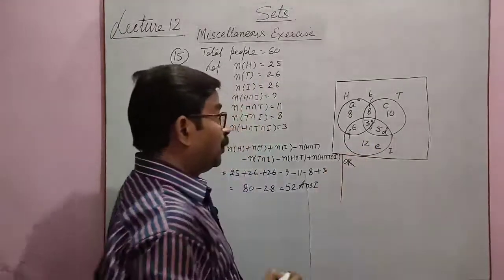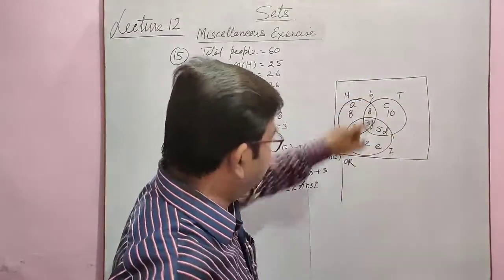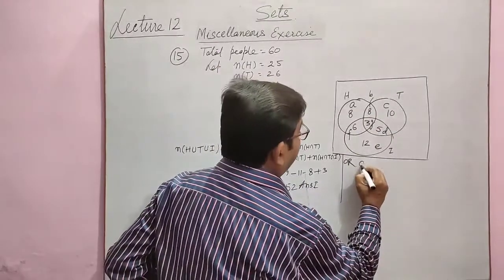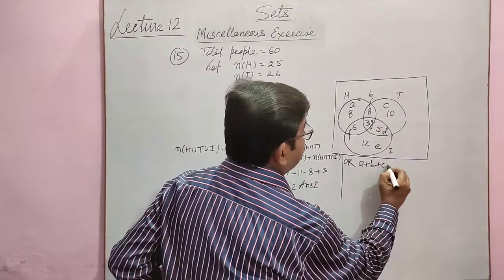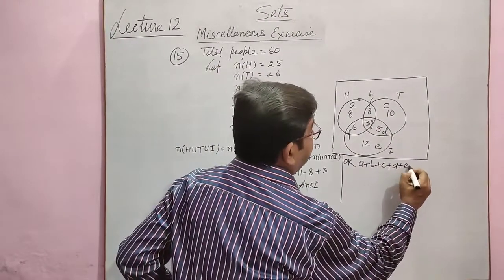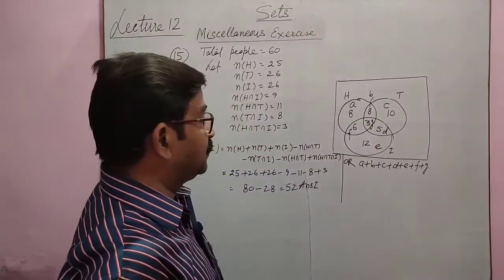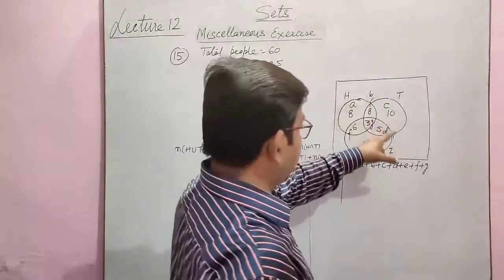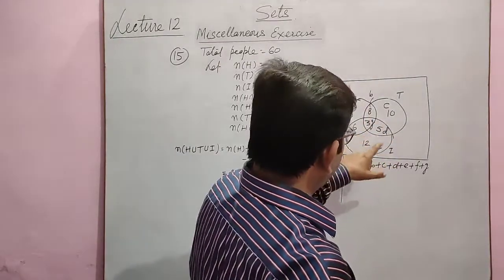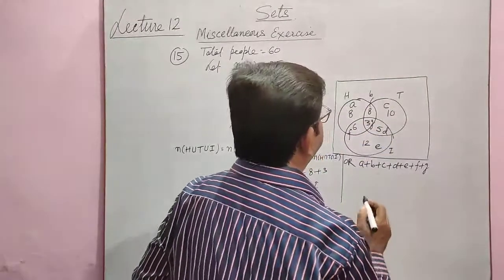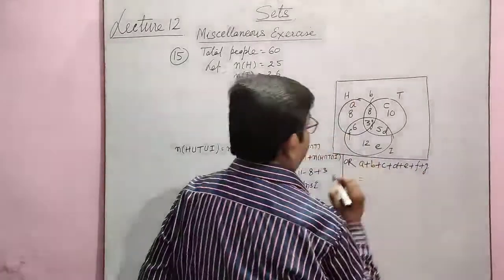Or what is the union? Sum of all these. So you can write simply A plus B plus C plus D plus E plus F plus G. All these items are A, B, C, D, E, F, G. Alright. So add all these.